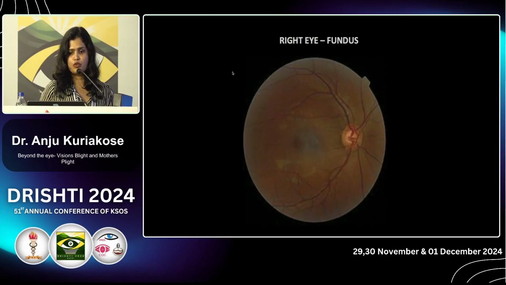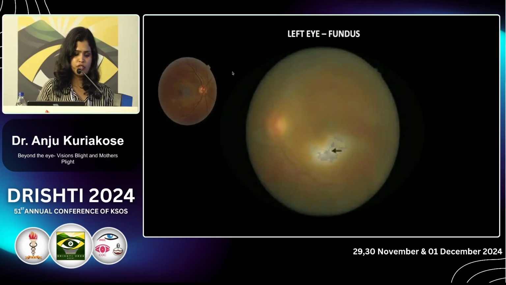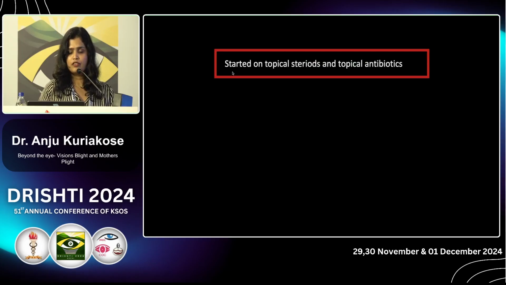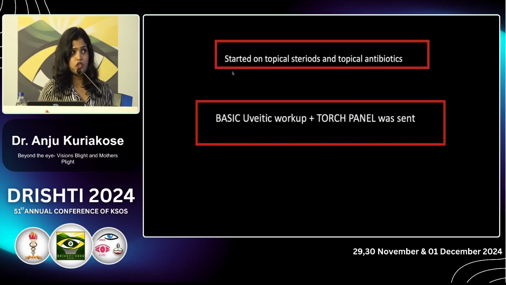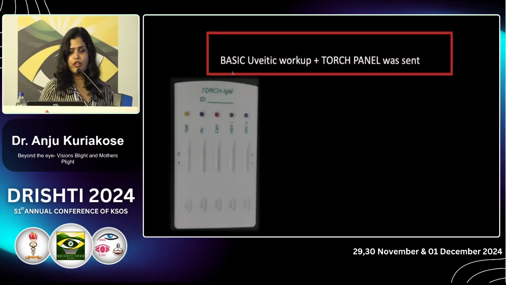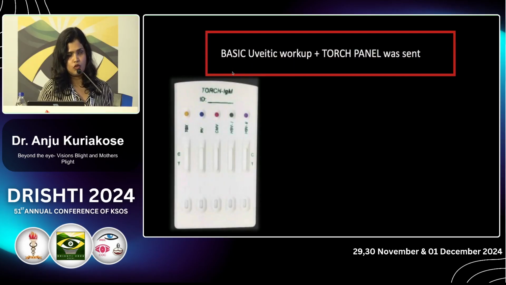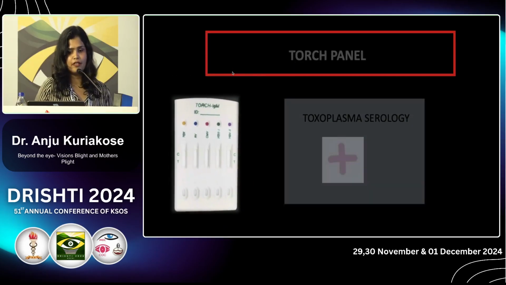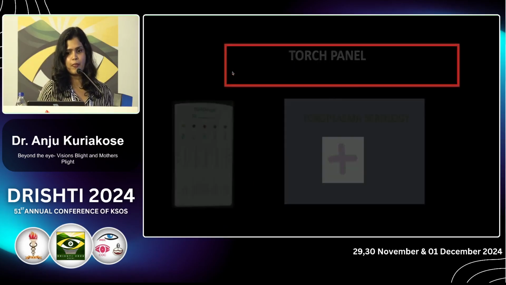Right eye fundus was normal. Left eye fundus showed severe vitreous haze with yellowish white fluffy retinal lesion seen in the posterior pole along the inferior arcade. We started topical steroids and topical antibiotics, and a basic uveitic workup and TORCH panel were sent, in which the basic uveitic workup was normal, and in the TORCH panel toxo was positive.